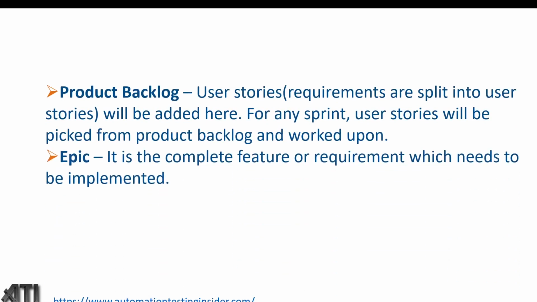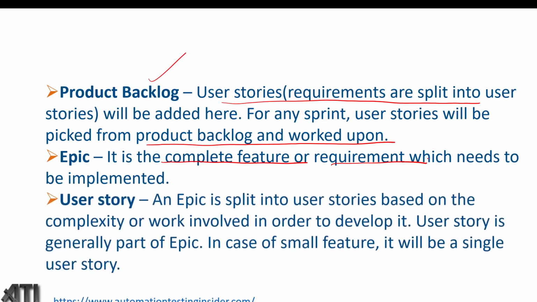Now these are the different terms, guys, which we have already talked about, like product backlog. Requirements are split into user stories, which will be added here in the product backlog. For any particular sprint, user stories will be picked from the product backlog and worked upon. Epic is the complete feature or requirement which needs to be implemented, that we have discussed.